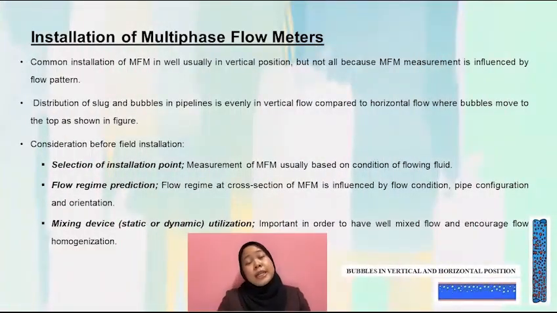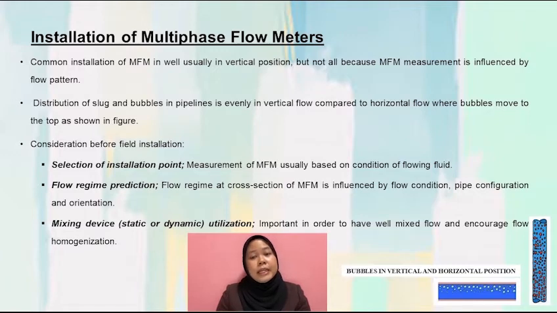Okay, we go to the next topic, which is field installation of MFM. Most MFMs are installed vertically because the flow pattern has a significant bearing on the MFM readings. There are 7 horizontal flow patterns and only 5 vertical patterns.